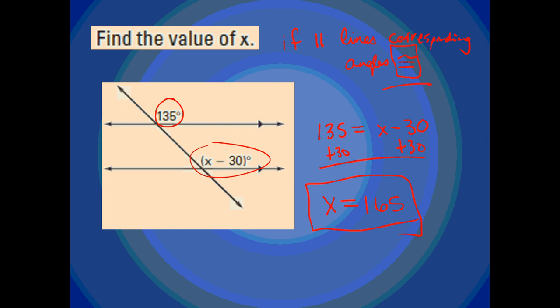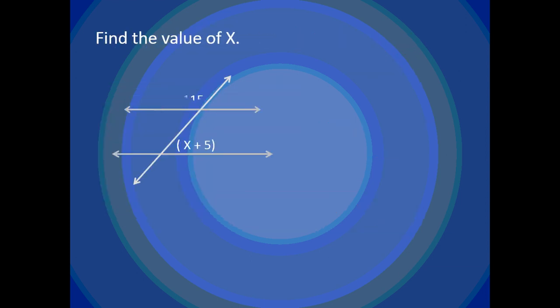So that's how we're going to start to blend in some of the algebra from last year that we did. Find the value of x here. So if two lines are parallel, let me put some little marks on there so that you know for a fact that those two lines are parallel. If they're parallel, then this one here is congruent to this one.